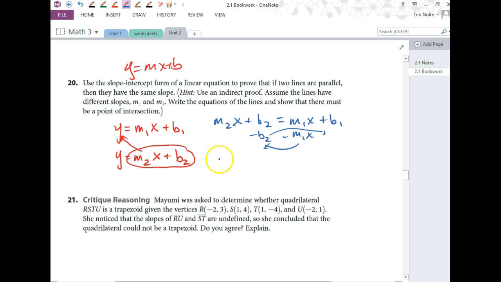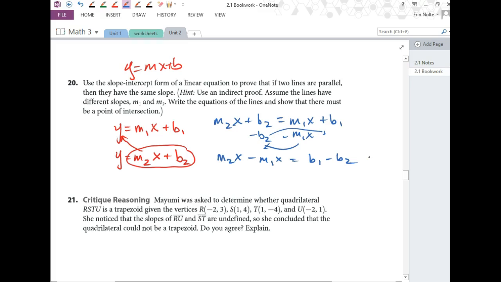So it'll be m sub 2 of x minus m sub 1 of x is equal to b sub 1 minus b sub 2. So those just switch sides, essentially. Everybody follow that? The next step is definitely awesomer.